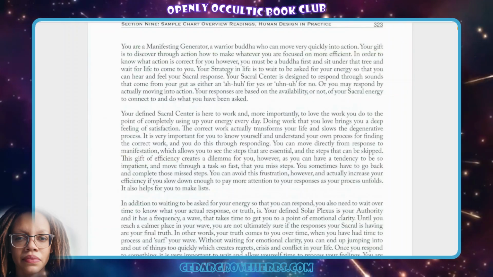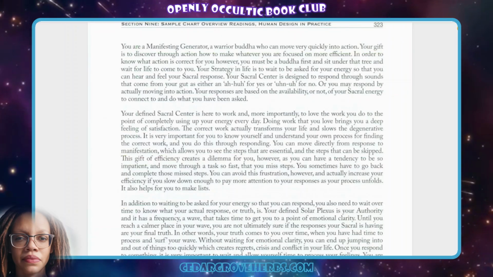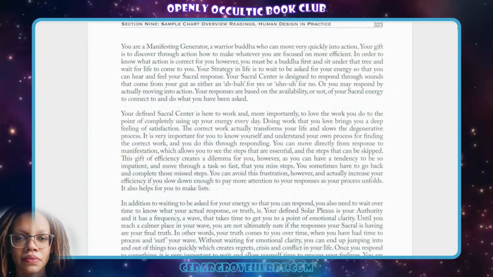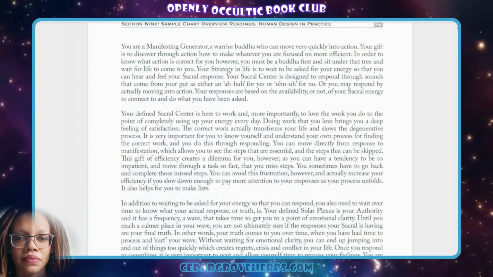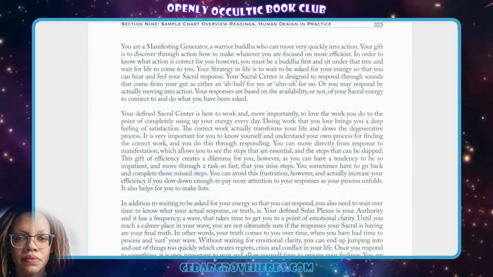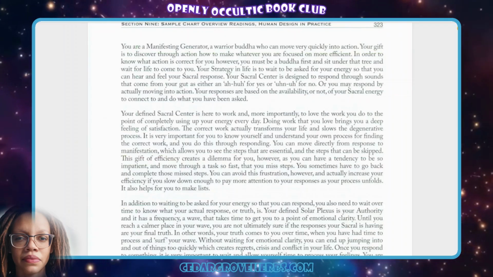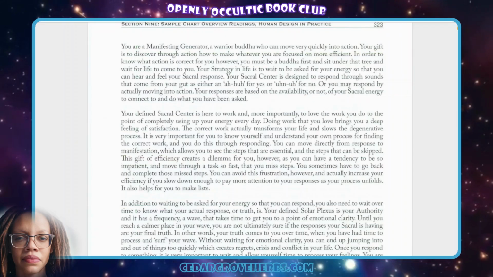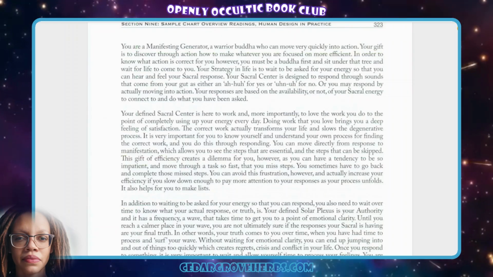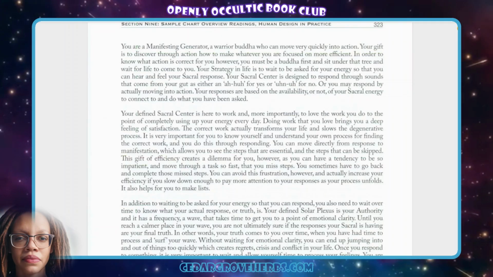The correct work actually transforms your life and slows the degenerative process. It's very important for you to know yourself and understand your own process for finding the correct work, and you do this through responding. You can move directly from response to manifestation, which allows you to see the steps that are essential and the steps that can be skipped.